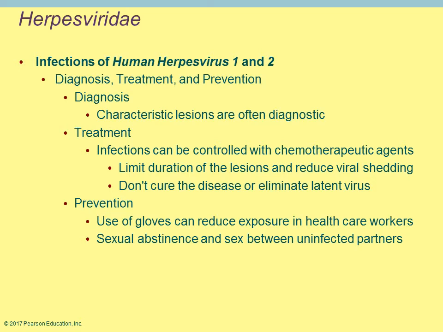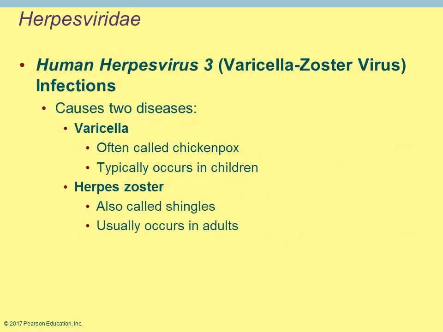Prevention, for healthcare workers, use gloves. You should always be wearing gloves anyway when working with patients, but certainly this could help reduce the risk of contracting it from your patient. And then sexual abstinence and safe sex practices with someone who is infected.